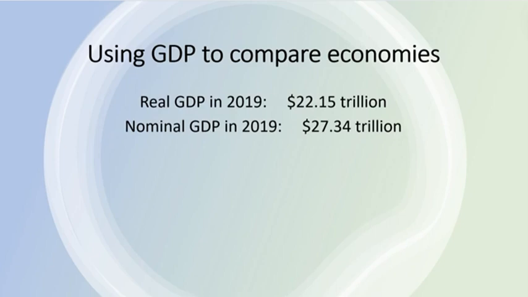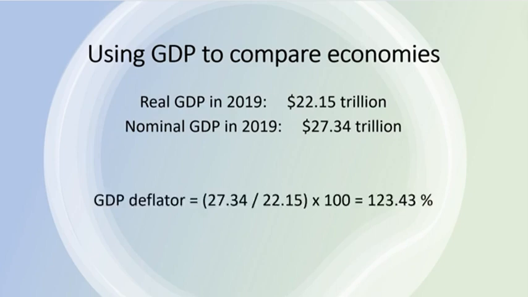So in 2019, let's say that the real GDP was $22.15 trillion and the nominal GDP in 2019 was $27.34 trillion. To calculate the GDP deflator, we would simply put the nominal GDP and divide it by the real GDP and then multiply it by 100 to get that percentage value.